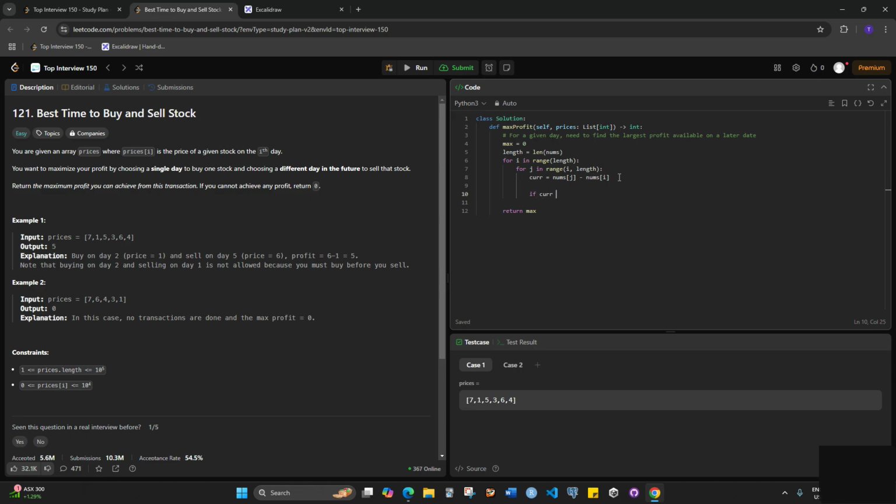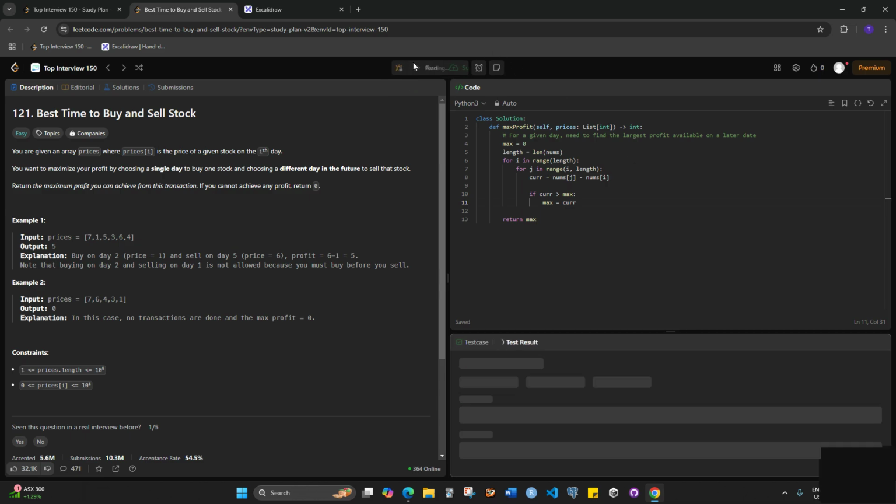If cur is greater than max, the max is equal to cur.